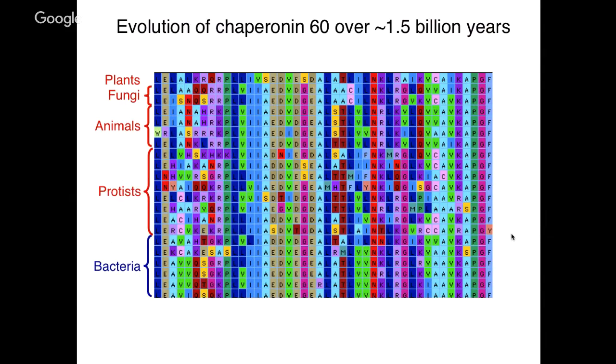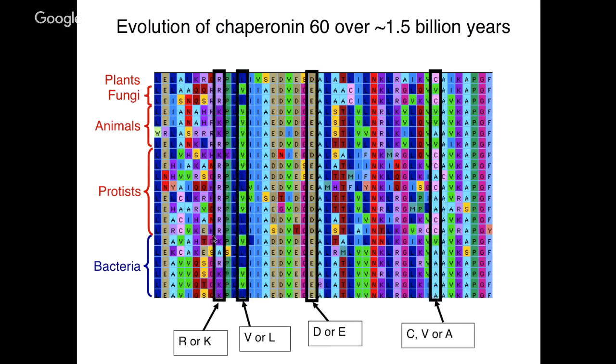These sites are instructive because they really deviate from what you would expect from a single matrix model. So if we look at this site, for example, it only has V and L, or this site over here only has R and K, and maybe in one case we have an A there, D and E at this site.